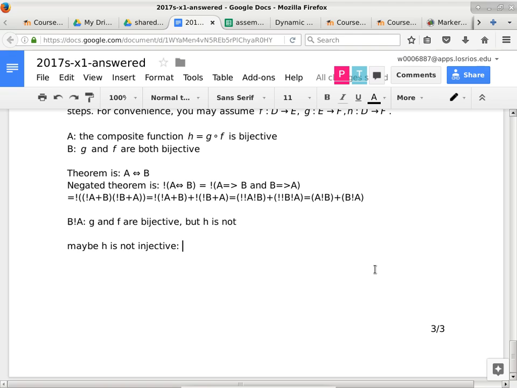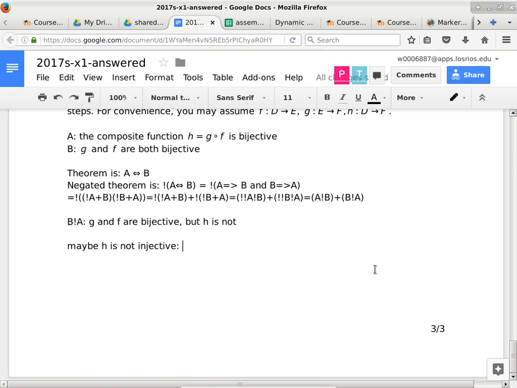But since we know that, now you can use the cardinality. You can combine the two and say that since we know the cardinality of all three sets has to be exactly the same, now that you are assuming H is not injective, that means one thing in the codomain of H is not mapped. Does that make sense? Okay.